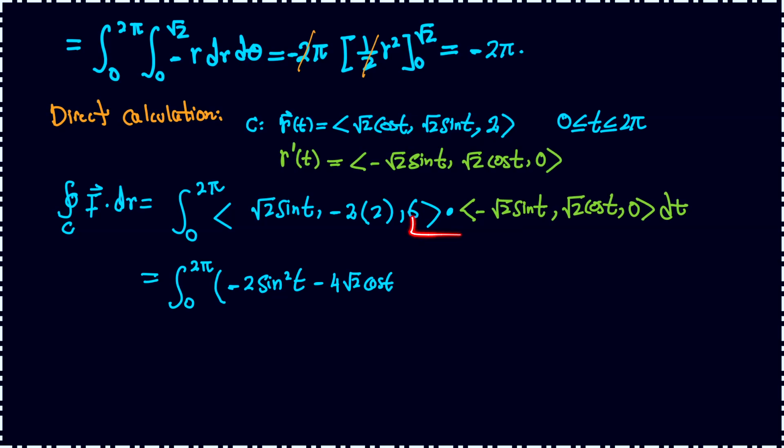And then we have 6 times 0, which is 0. So that's the integrand that we have to deal with here. To run this integral, I have to do a power reduction on the first term, sine squared.